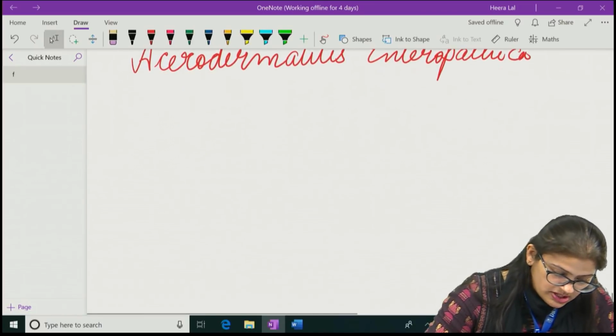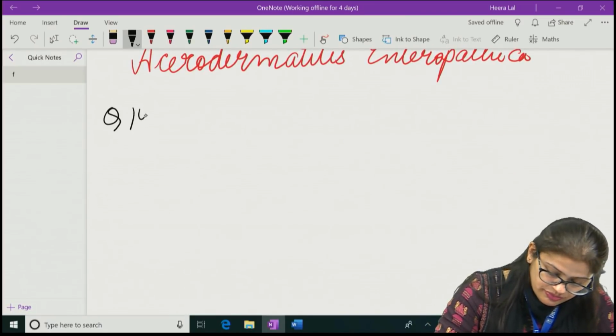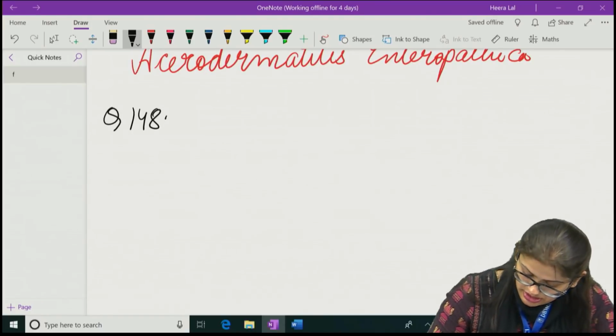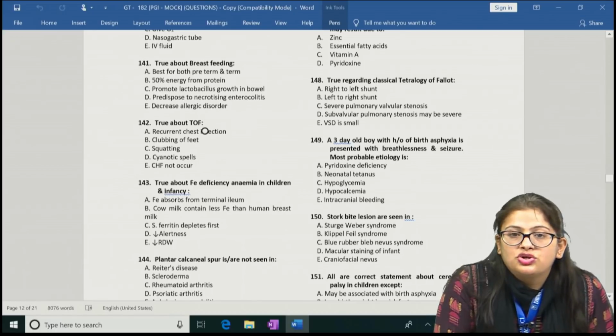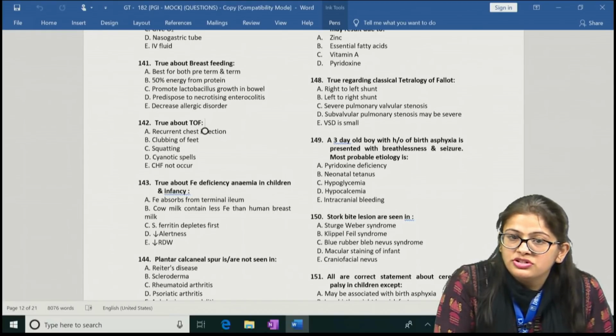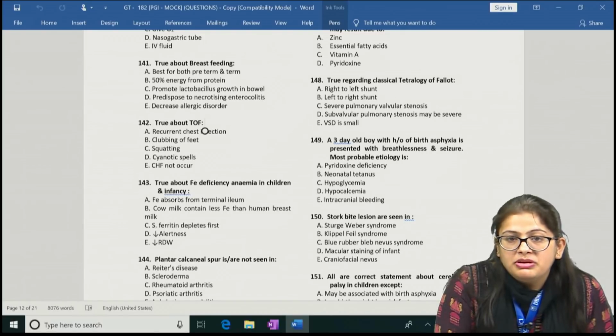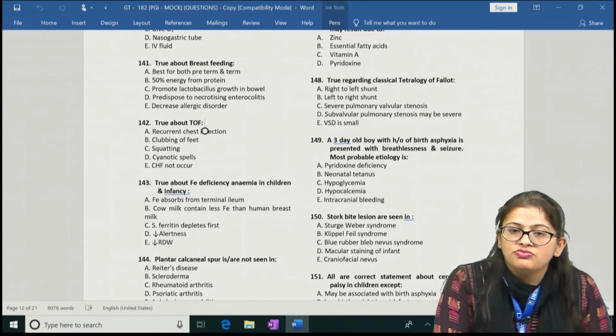So now we come on to question number 148. Question number 148 is, true regarding classical tetralogy of Fallot is right to left shunt, left to right shunt, severe pulmonary valvular stenosis, subvalvular pulmonary stenosis may be severe, and VSD is small.